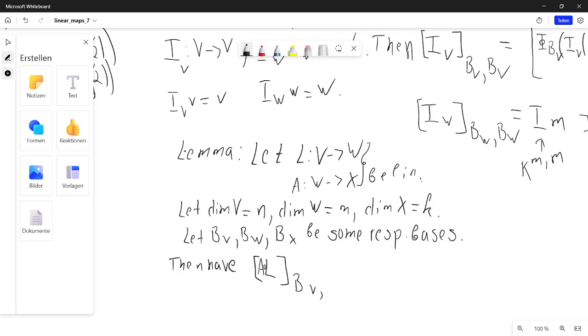The representation from B_V to B_X is simply equal, well, what would you guess? It is equal to matrix multiplication, A from B_W to B_X, and exactly the same order. First comes A, right? And this is just matrix multiplication. This is just matrices, as you recall, L from B_V to B_W.